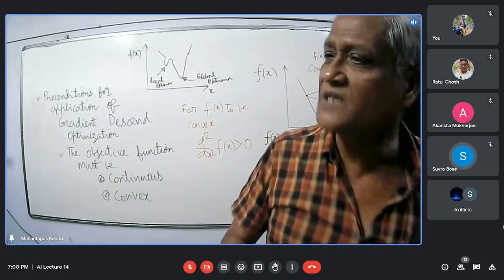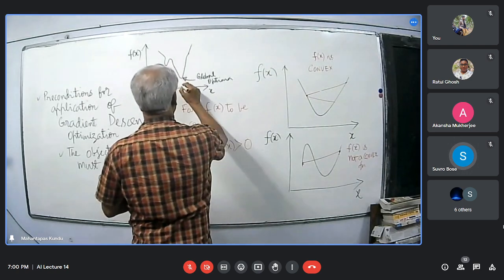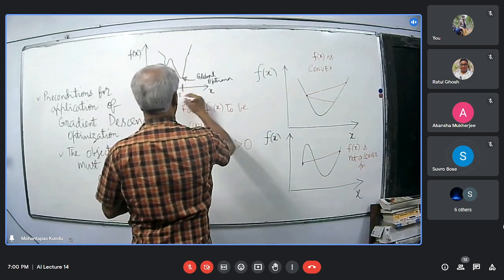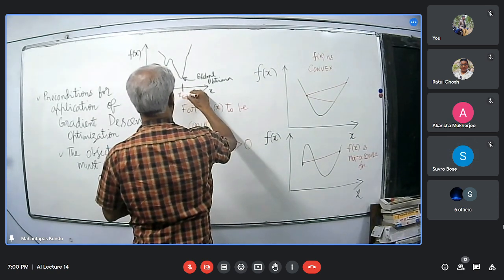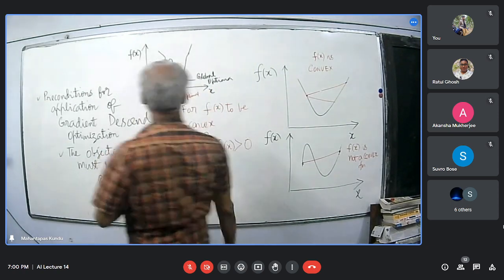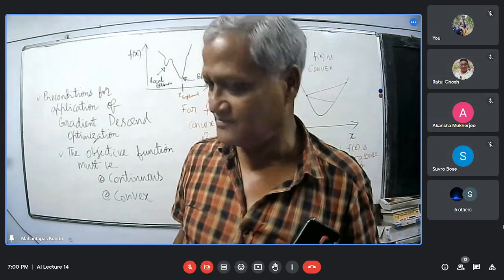Now, none of these gradient-based optimization methods guarantee to provide this solution. That is x, global optimal. So is the genetic algorithm.